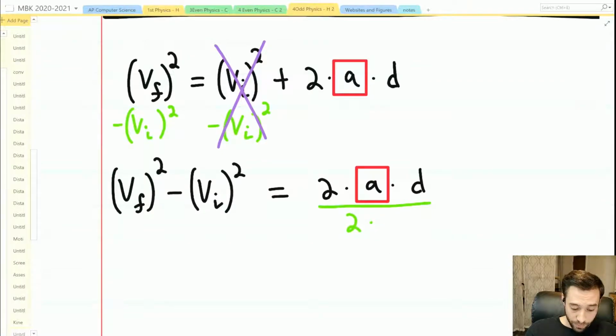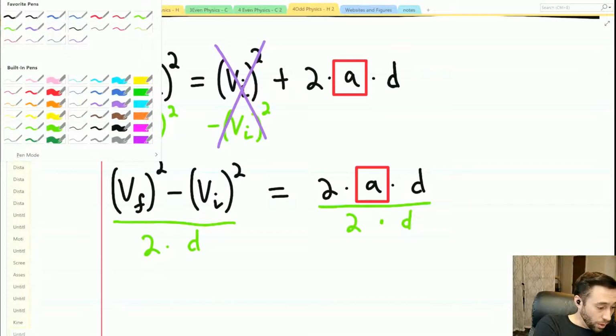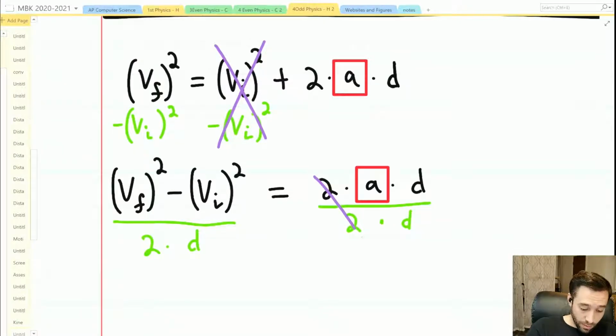Let me move this over a bit. And if I do that on the right side, I must do it on the left side. So I have 2 times d. On the right side, the 2's will cancel, the d's will cancel. So now I'm only left with the variable that I'm looking for, a, and everything else on the other side is good.